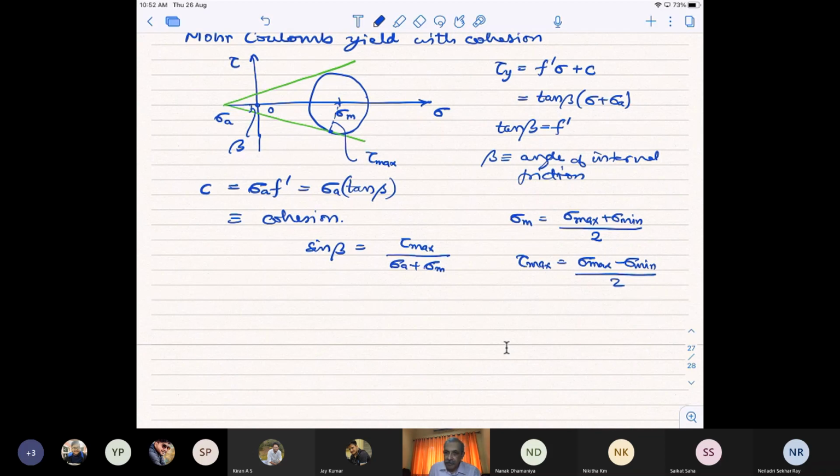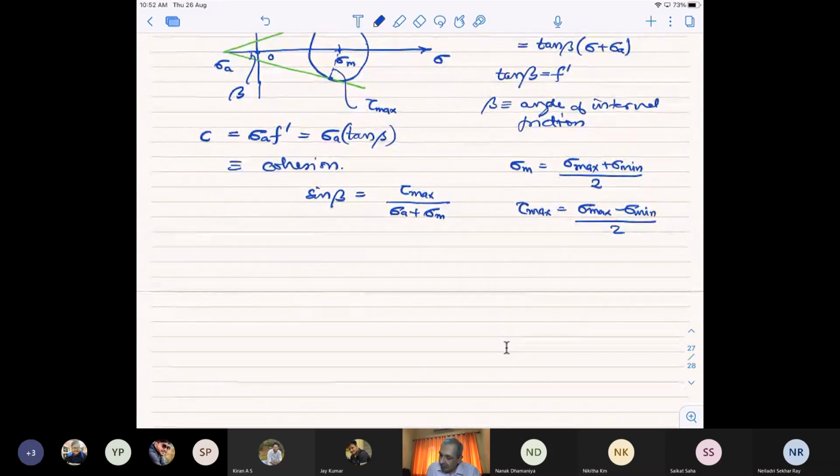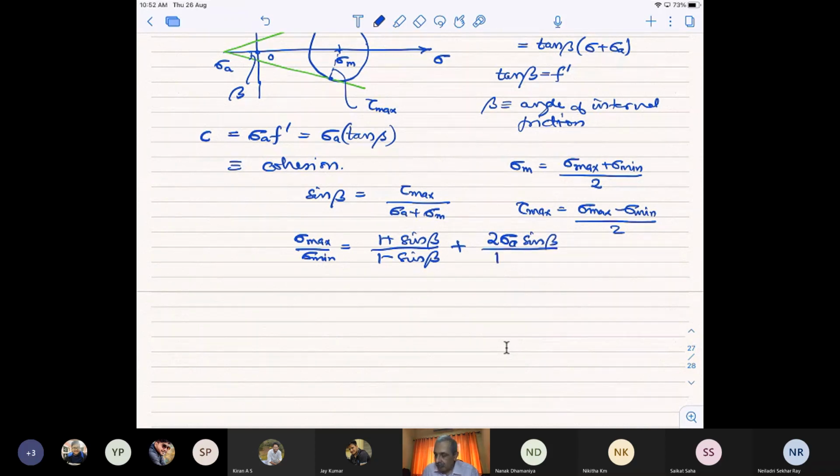If we substitute for all these things and then simplify, then we'll get that sigma max by sigma min is equal to what we had got before, which is 1 plus sine beta divided by 1 minus sine beta, plus you get one more term which is 2 sigma a into sine beta divided by 1 minus sine beta.